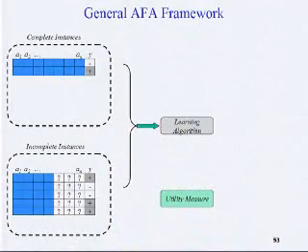So we propose this very general framework for this AFA problem, which can be applied to any learning algorithm and any measure of utility, which I will discuss more in a later slide. And what we basically do is we maintain a set of complete instances which don't have any missing values, which may initially be an empty set. And we maintain another set with incomplete instances.